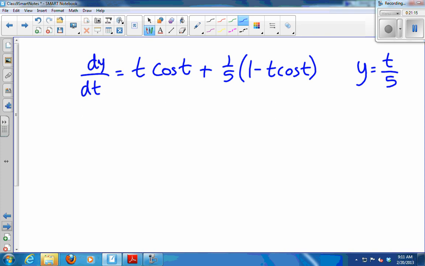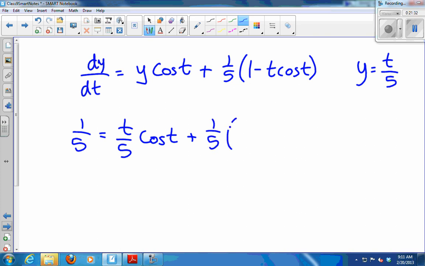So plug into the left: dy/dt is 1/5. Plug into the right. Oops, this isn't t cosine t, it's y cosine t. And then y is t over 5 cosine t. All I'm doing is plugging in. I have my y, I plug in dy/dt and y, and simplify both sides.